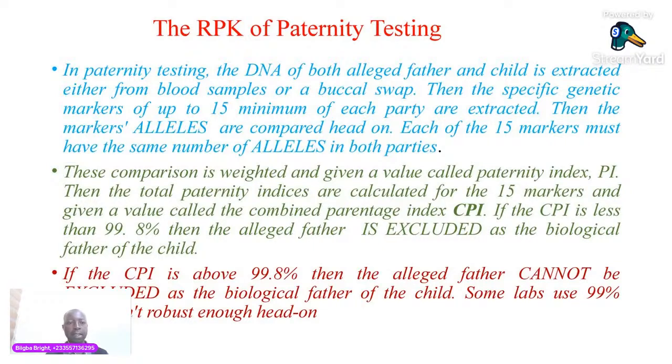The total paternity indices weighted over the 15 markers extracted from the father and the child is called the cumulative paternity index, or combined paternity index, CPI. When it is calculated and we realize that the comparison is about 99.8% or 99.99%, which is what is now in vogue, then we can say that the father cannot be excluded as the biological father of the son.